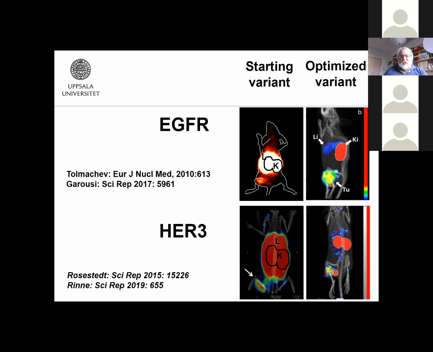Again, optimization of a label, injected dose, antibody molecules result in the situation when, besides tumor, only a liver was visualized. So it's possible to make candy from not very nice substance if you know what to do.